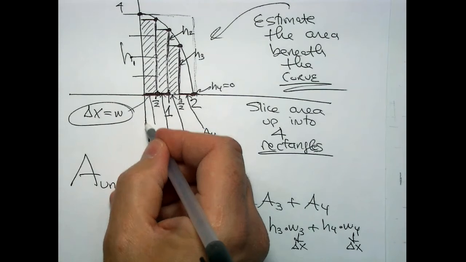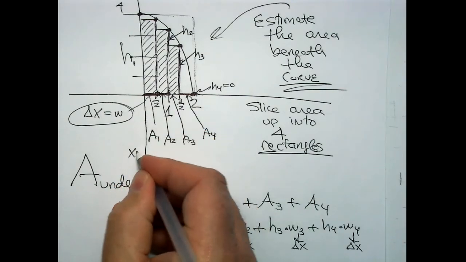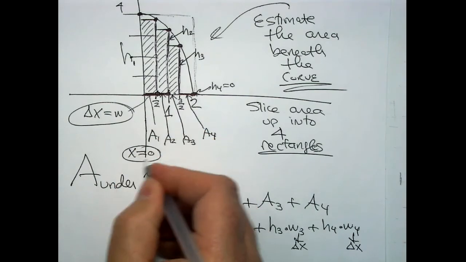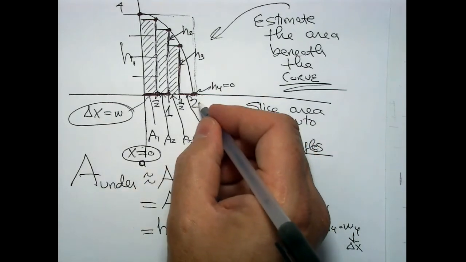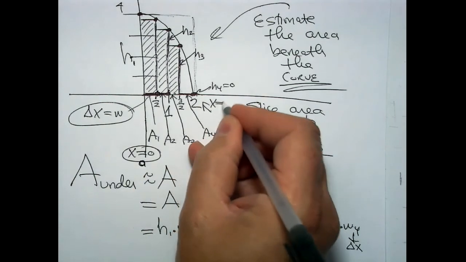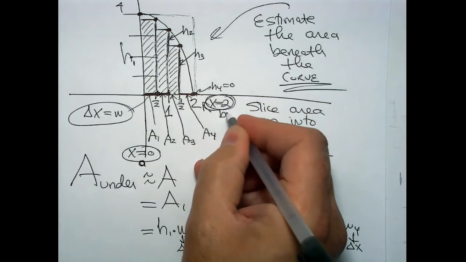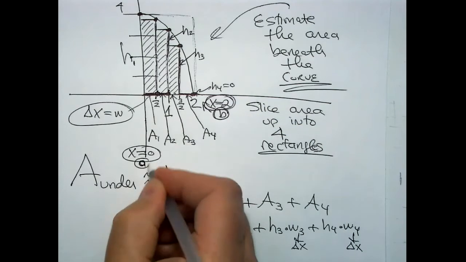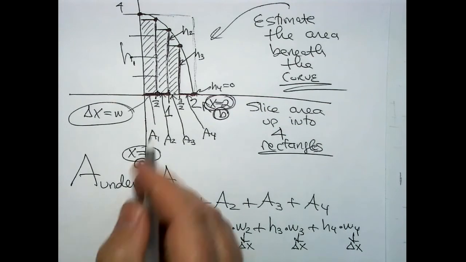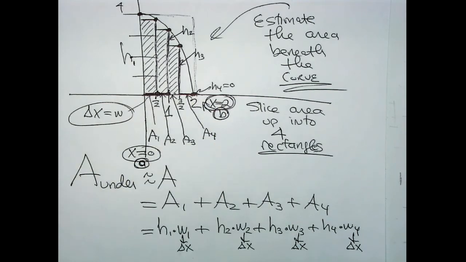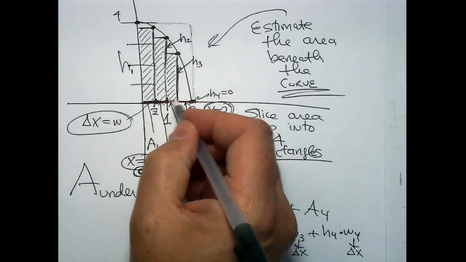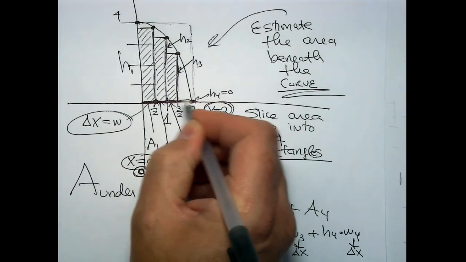Now, the starting point here is right here at x equals 0, and we're going to refer to that as A. The stopping point is over here at x equals 2, and we'll refer to that as B. So starting point A, 0. Ending point B, 2. So how would you compute delta x, which is the width of each individual slice?